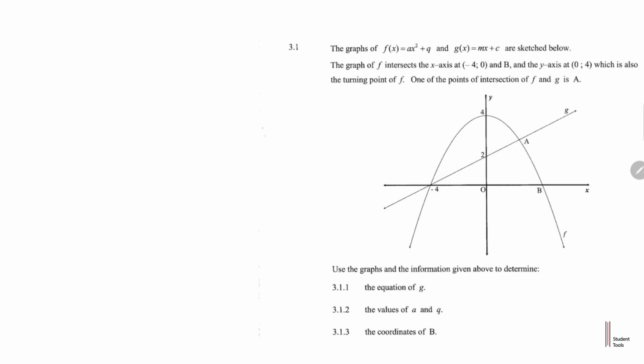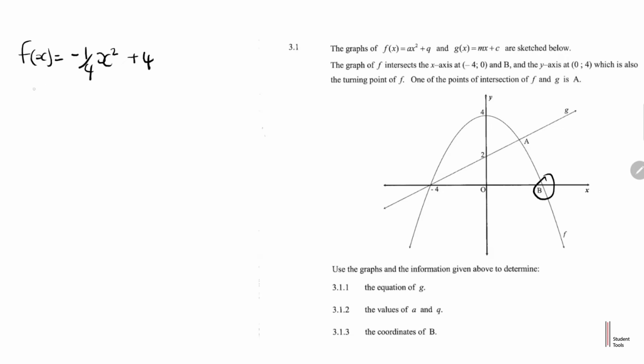Let us write the equation of our graph F. So graph F, we have f of x equal to negative 1 over 4 x squared plus 4. So this is the equation of graph F, and we want to find B. B is the x-intercept.